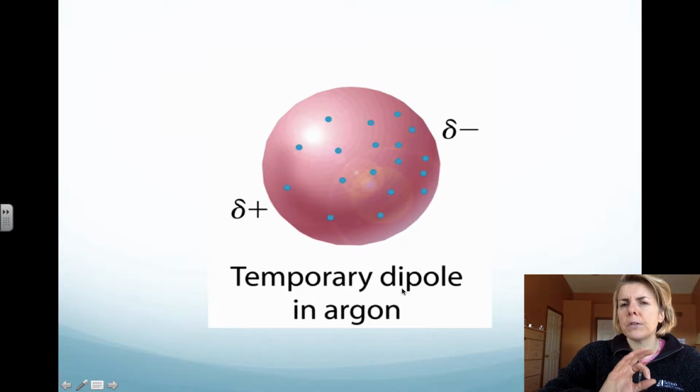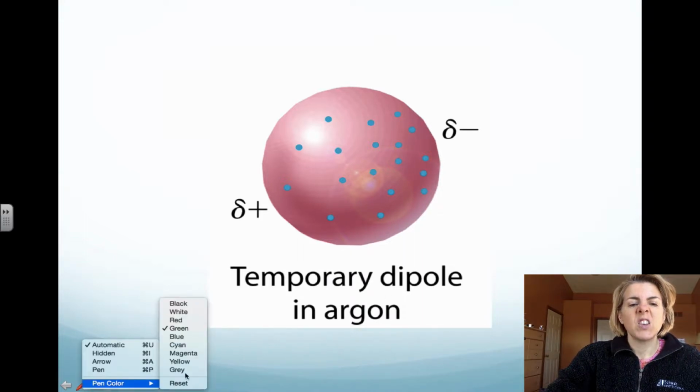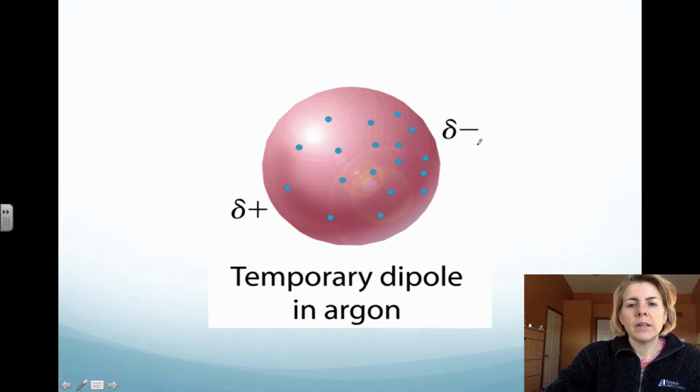This is different than the last one that we talked about. That was a permanent dipole. This is temporary. So what happens is the electron density congregates to one side of the atom or the molecule, and then the other side is actually left with less electron density, and it acquires a temporary positive charge.